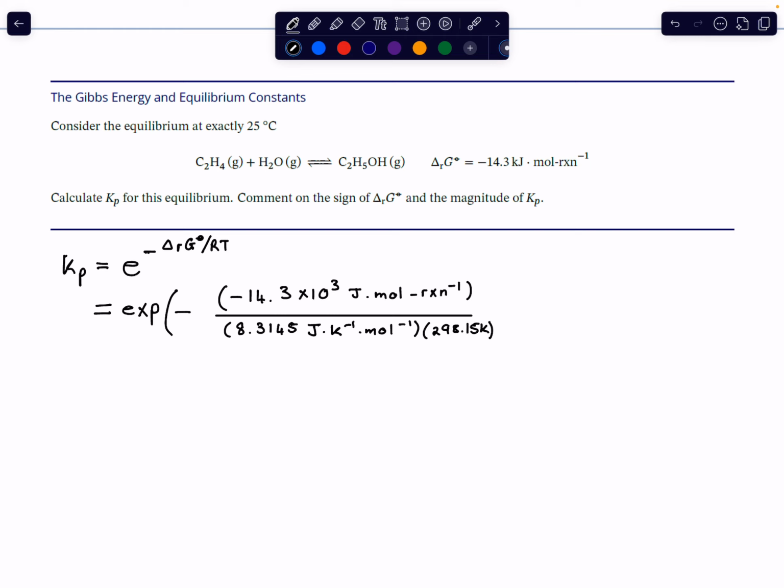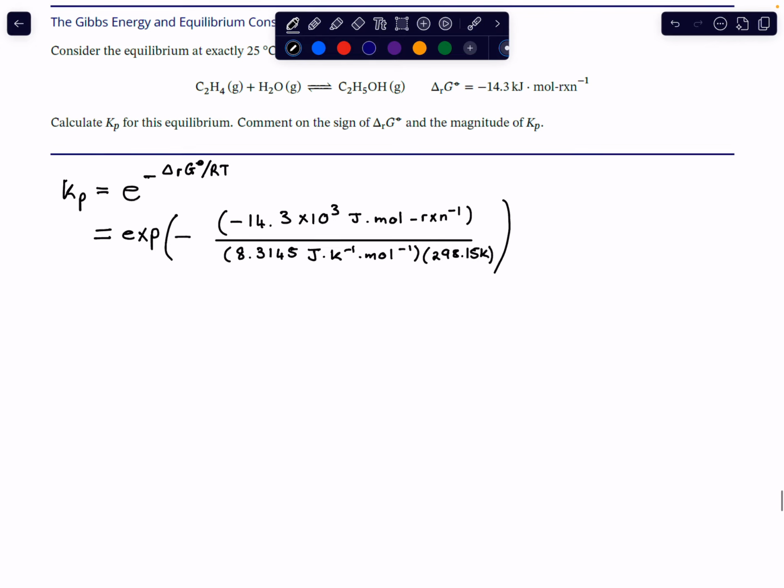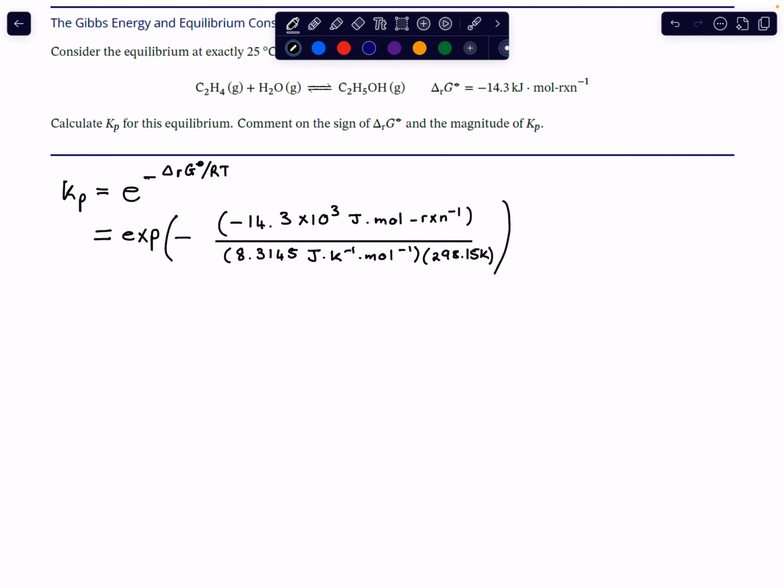And then of course the temperature, we're at 25 degrees Celsius, exactly. So 298.15 Kelvin, right? That's 273.15 plus 25 degrees Celsius gives us the Kelvin temperature. All right, and that is the exponent. So you take e to the power minus that fraction. And technically those minuses will cancel, so it's e to the power plus all these things.